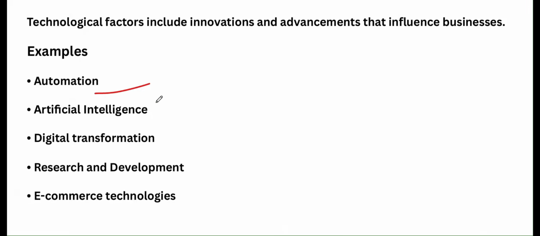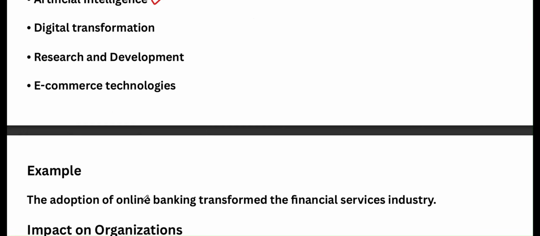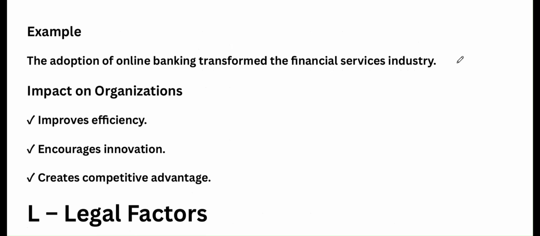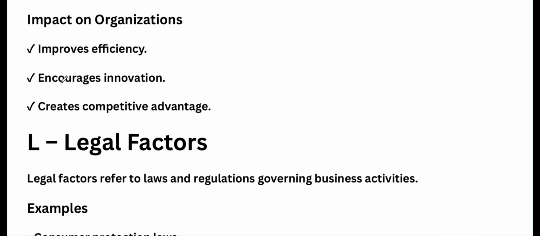Example: automation can reduce the manpower needed for the production. Artificial intelligence, digital transformation, research and development, e-commerce technologies. So the example is the adoption of online banking transforming the financial service industries. What are the impact? Improves efficiency, encourages innovation, creates competitive advantage.